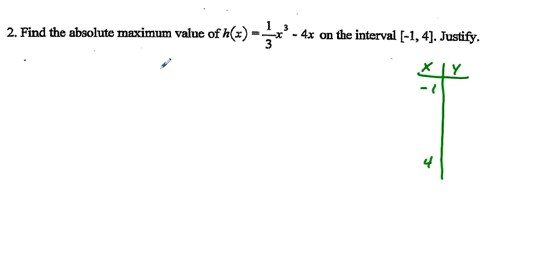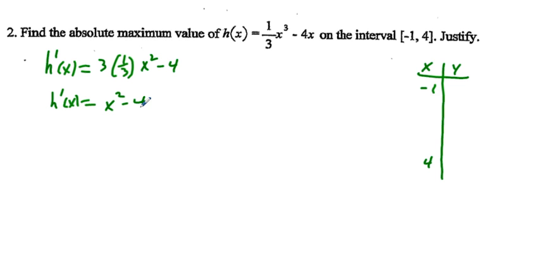Let's go ahead and look at this h prime of x. Taking the first derivative, 3 times 1/3 x squared minus 4, we have h prime of x equal to x squared minus 4.